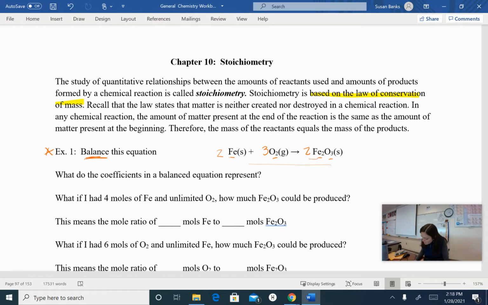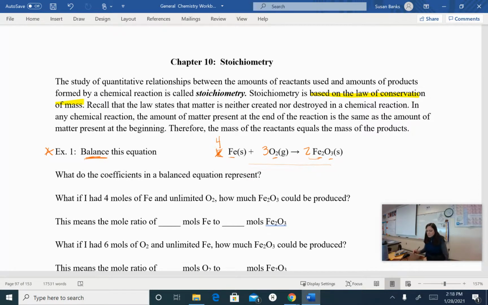This also then multiplies my iron that I've already thought I did. 2 times 2 gives me 4 irons. So 4 times 1, right, because I have 1 iron atom here, I'm going to have to multiply that by 4 instead of 2. Okay, so there's my balance.